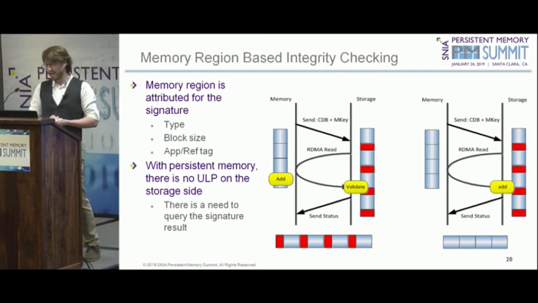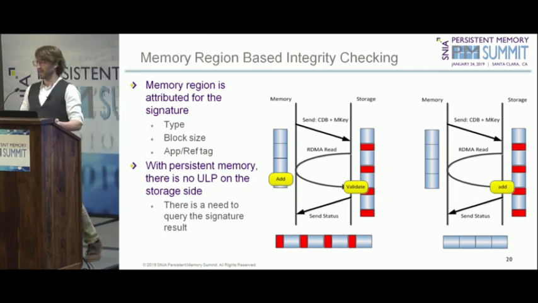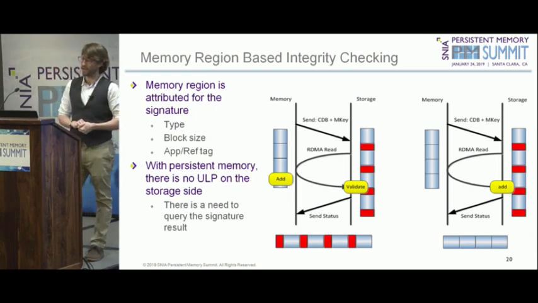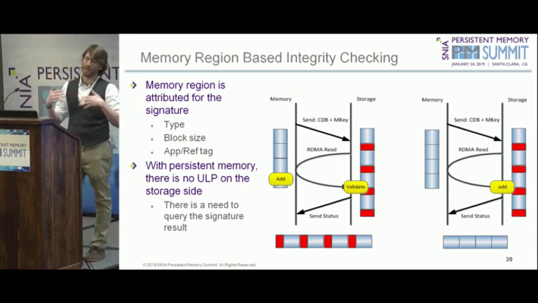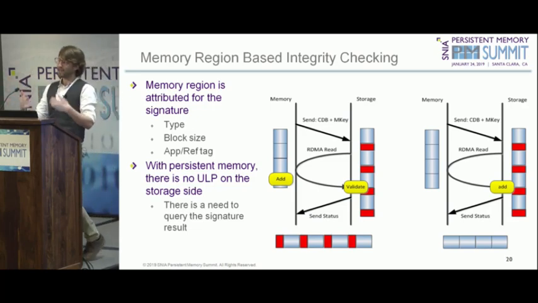Now, what we support today in InfiniBand is the ability to add and strip integrity checking based on this memory region. Think about it this way: I register a memory region to be accessible by remote. Now I can associate this memory region with a feature.